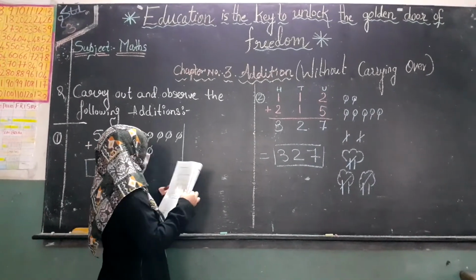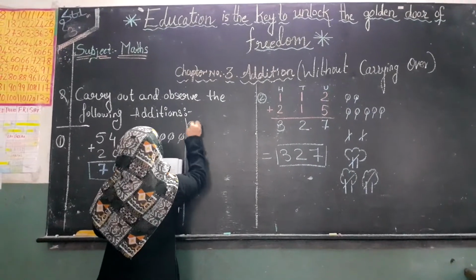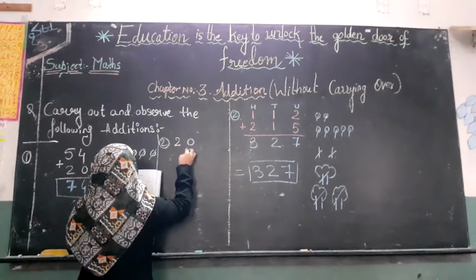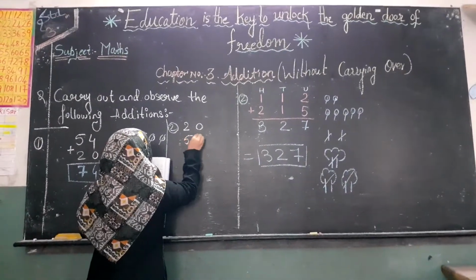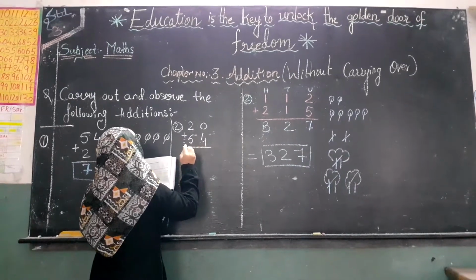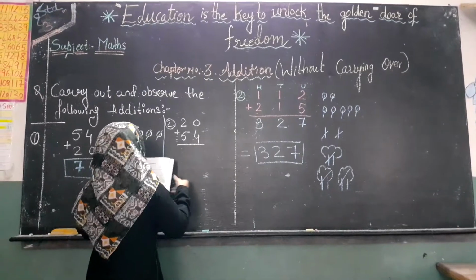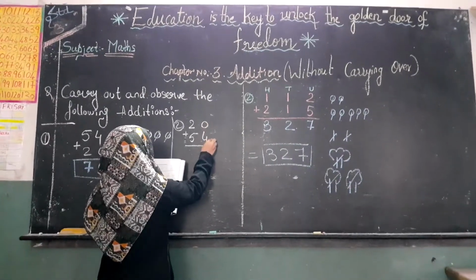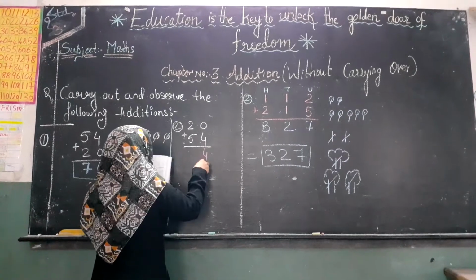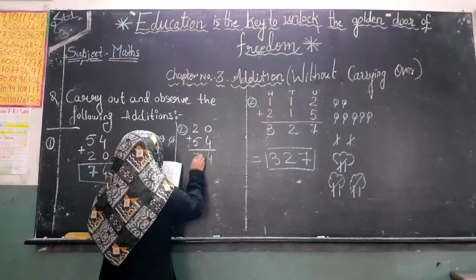Now what is the second question? 20 plus 54. Now 0 plus 4 is 4. Now 5 plus 2 is 7.